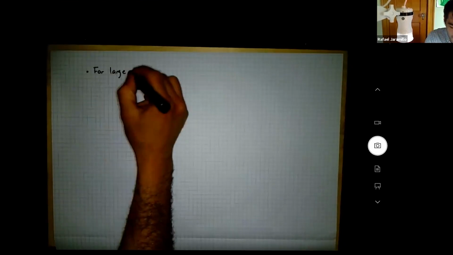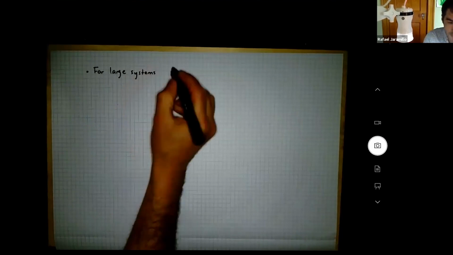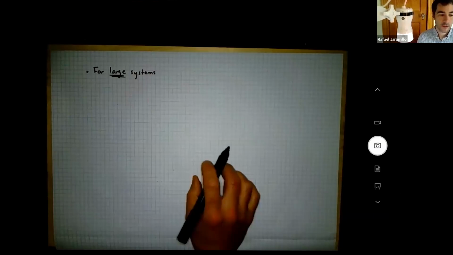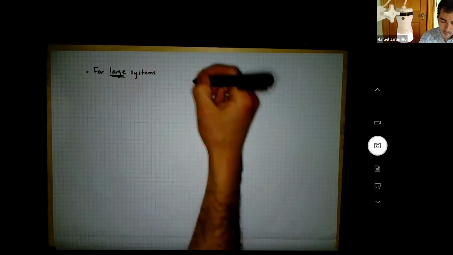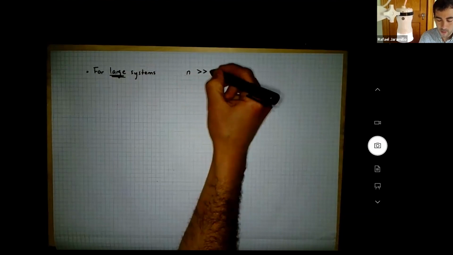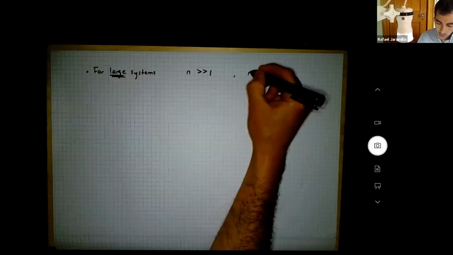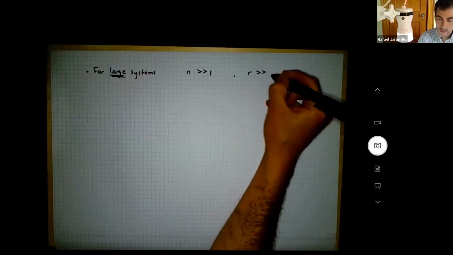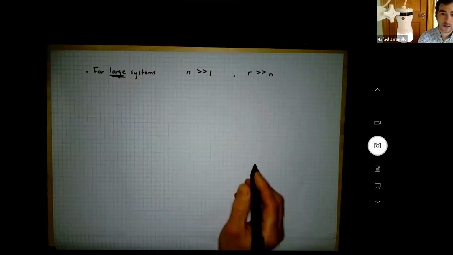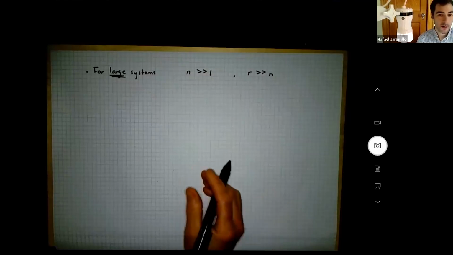For large systems, that is n much greater than 1, and especially when r is much greater than n. So a very, very large number of particles and an even larger number of places to put those particles.